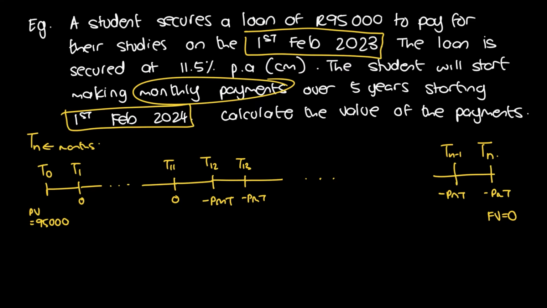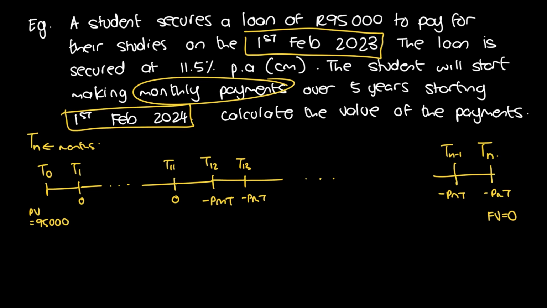We have the payment starting at T12 because they said that it starts making payments starting on the 1st of February 2024. So we started on the 1st of February 2023, so that was our T0. So T12 is going to be when we start making our payments. Now we have our payments in there, and then our future value is equal to 0.